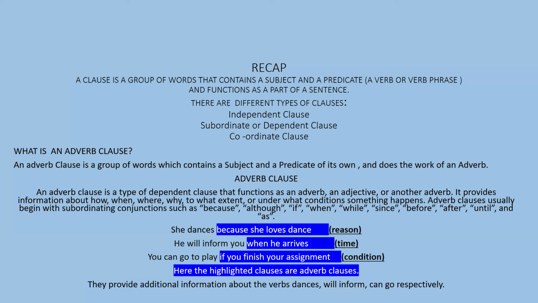You can go to the play if you finish your assignment. It's a condition. Only if you finish your assignment, you can go. Here, the highlighted clauses are adverb clauses. They provide additional information about the verbs dance, will inform, and can go, respectively.